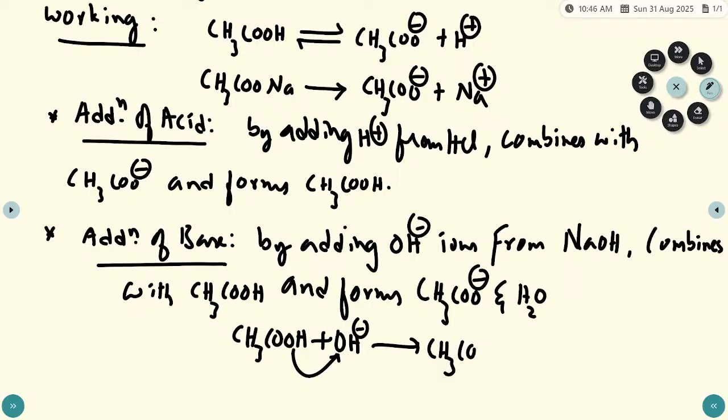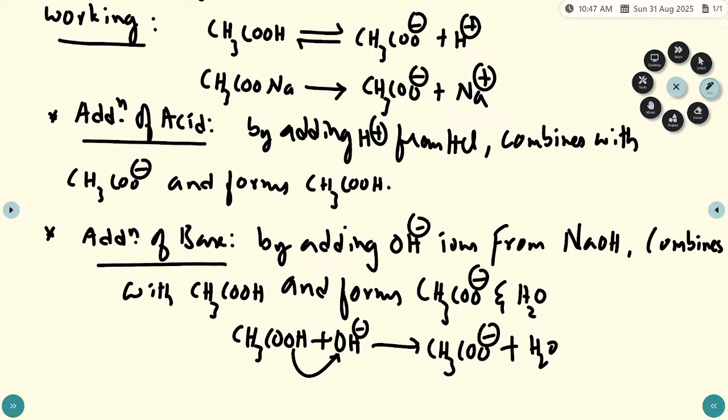So here CH3COO minus and H2O are formed. When the OH minus ion combines with H plus ion, water is formed. Whenever that acid loses H plus it forms CH3COO minus. So CH3COO minus and H2O are formed, so that there is no change in the pH.